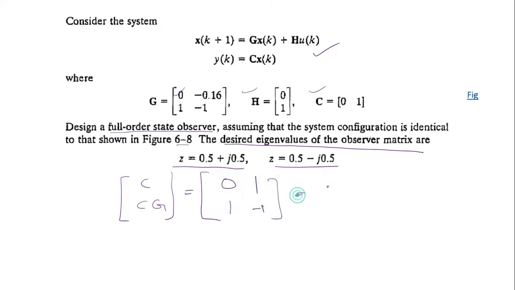So this has a rank of 2. This is full rank, so the system is observable, and you can proceed further with the design of the observer gain matrix.